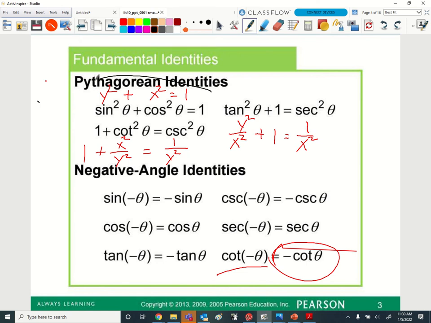X squared plus y squared is 1. That's the Pythagorean identity. So whenever I'm doing these problems and I have x squared plus y squared, that's always just going to give me 1. Whenever I have those together, I can eliminate that whole part of the problem by replacing x squared plus y squared with just 1.